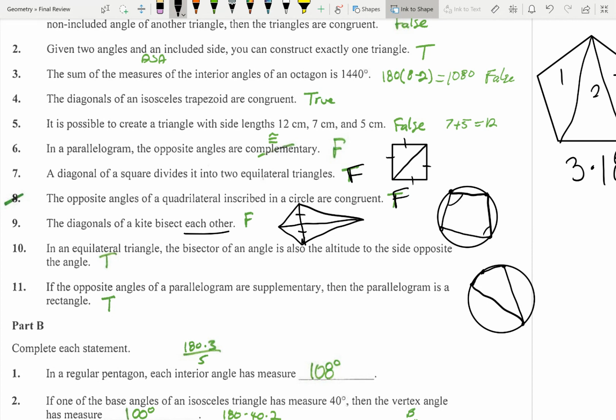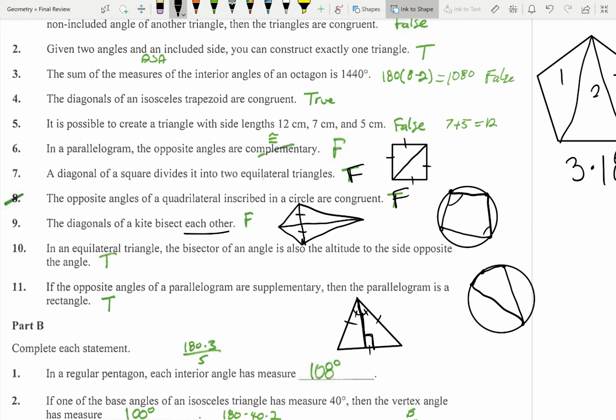In an equilateral triangle, all sides are congruent to each other, and the bisector of this angle is indeed the altitude. In other words, it is perpendicular to the base, so it is the height. That is true.